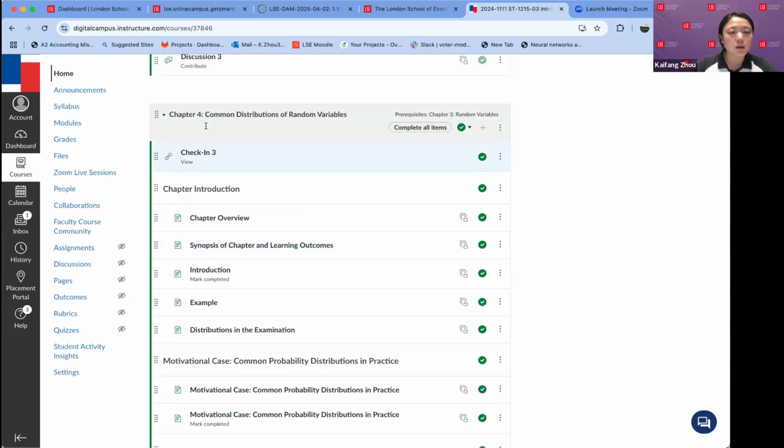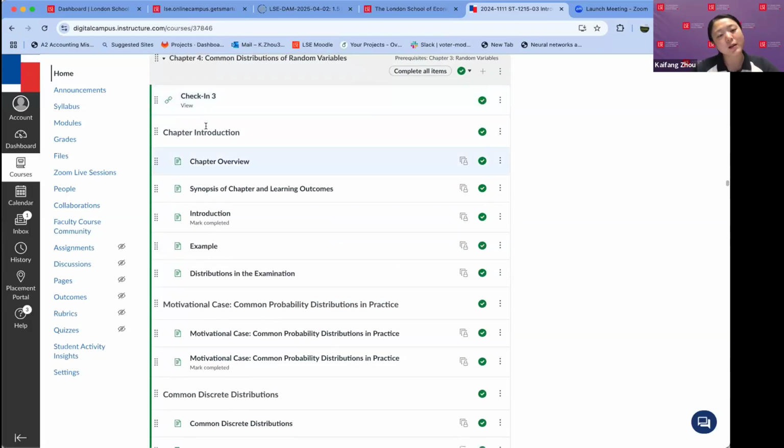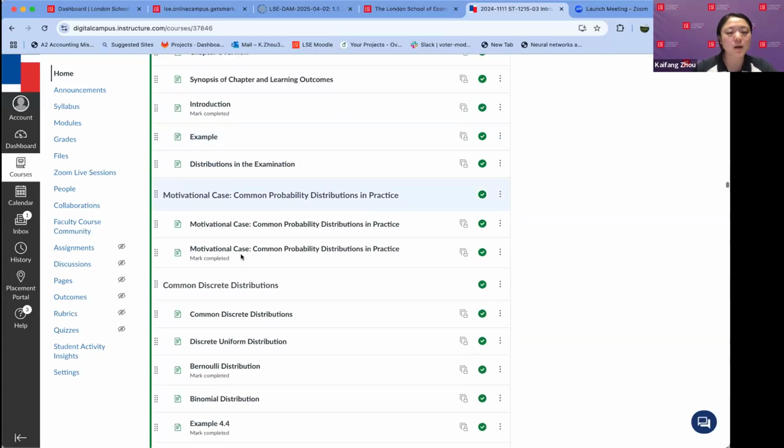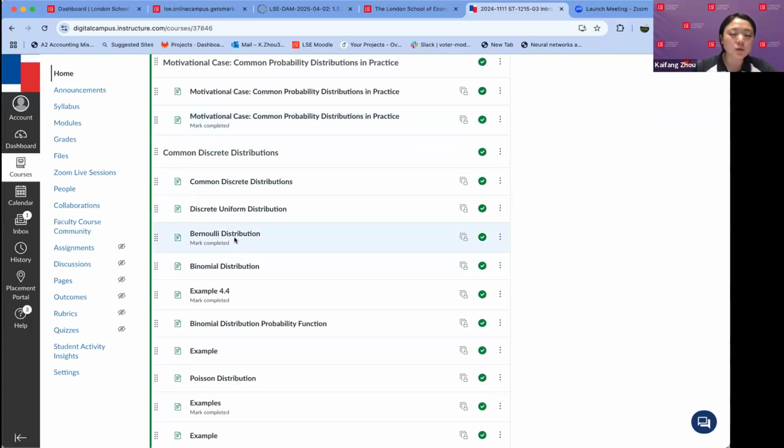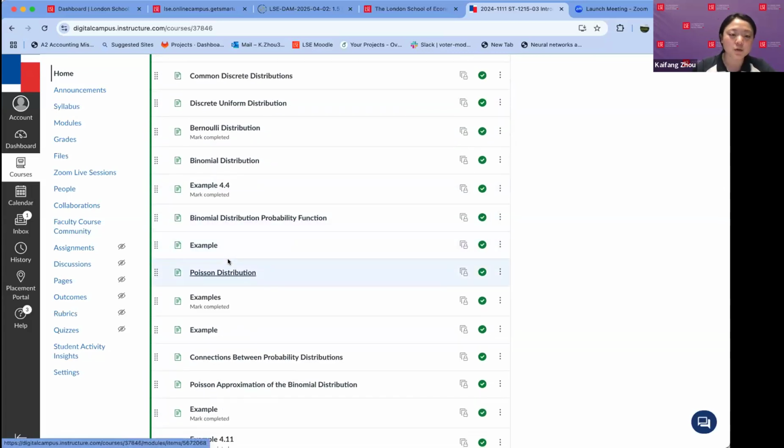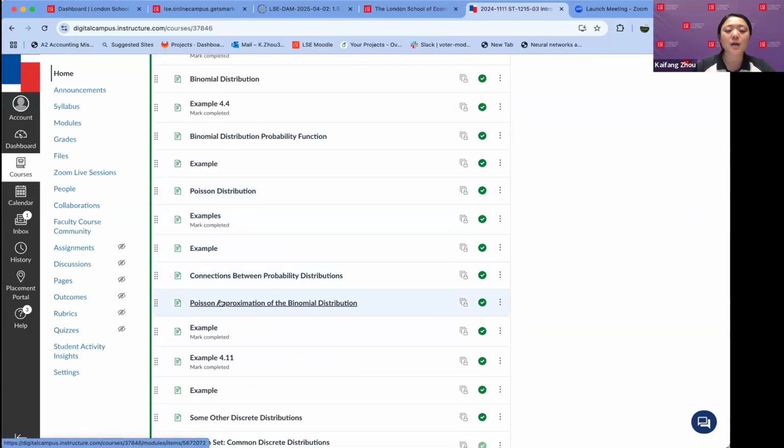For the common distributions, for the discrete random variable case, we have the Bernoulli distribution, very important. You need to remember its distribution function. Then the binomial distribution and Poisson distribution. After that, we learned the Poisson approximation of the binomial distribution.